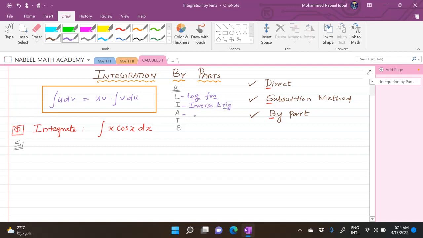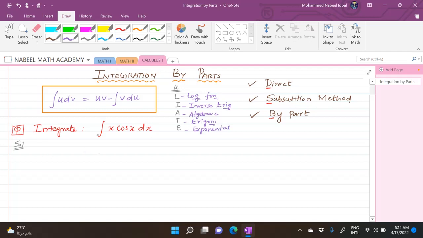The next one is the algebraic expression, that is, a polynomial. The next one is the trigonometric function. The next one is the exponential. So this is the order in which you take the u values.